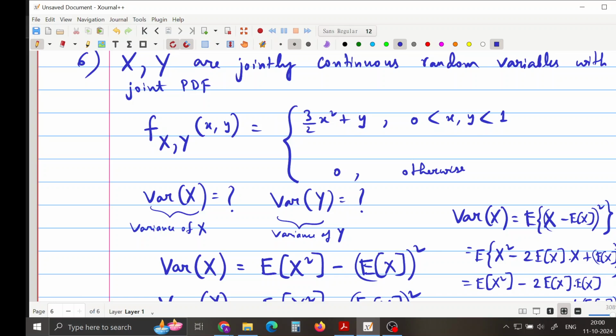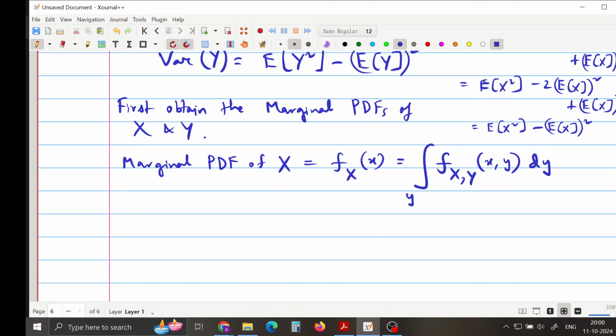Only in that case it is non-zero. In the other domain it is 0. So what matters here in the integration is only y going from 0 to 1. And in that interval, the joint PDF is defined like this, correct?